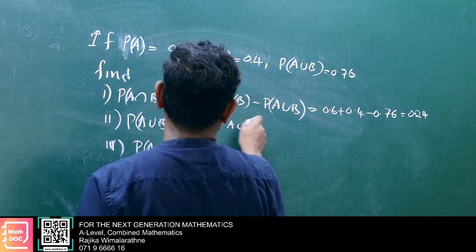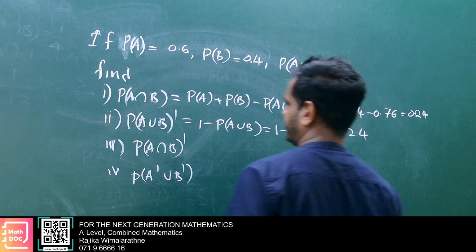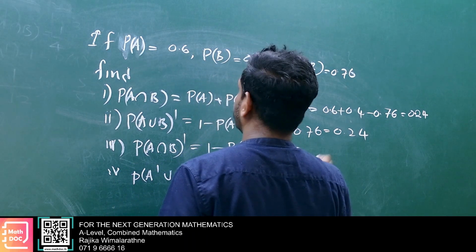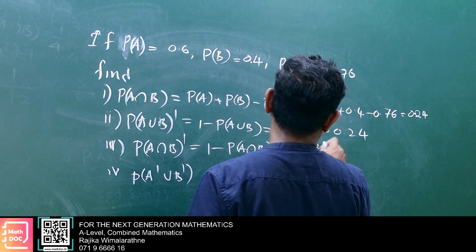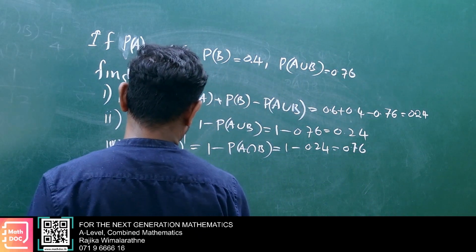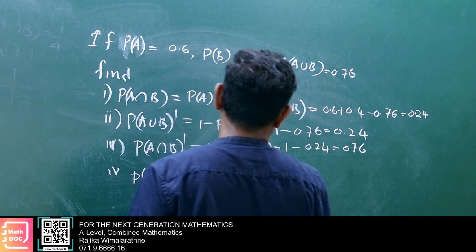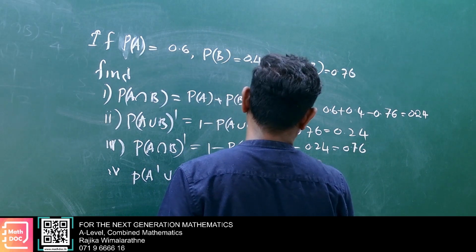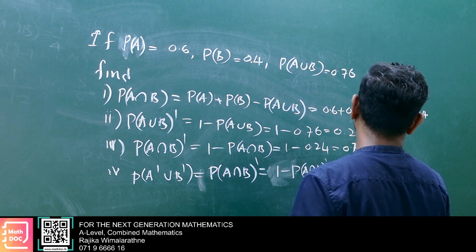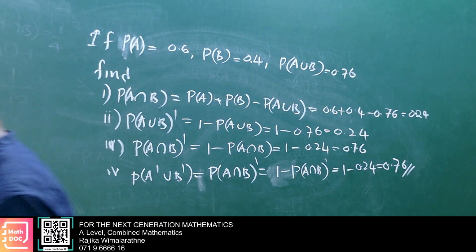Then 1 minus P(A union B), 1 minus 0.76, 0.24. 1 minus P(A intersection B), check simplification, 1 minus 0.24, 0.76. Then P(A intersection B whole dash) is 1 minus P(A intersection B), 1 minus 0.24, 0.76. Check simplification.